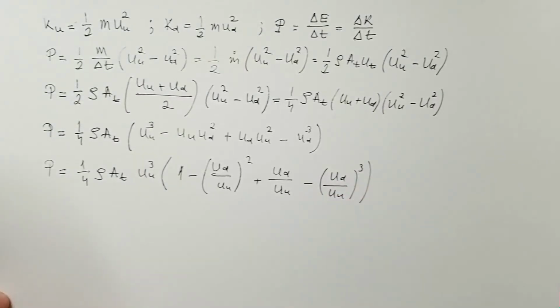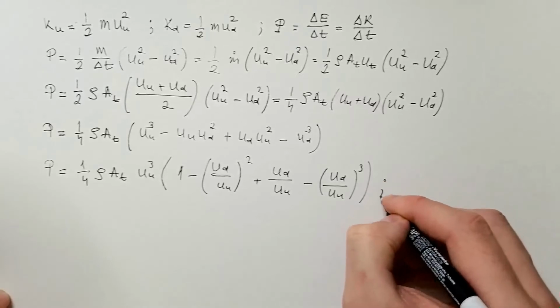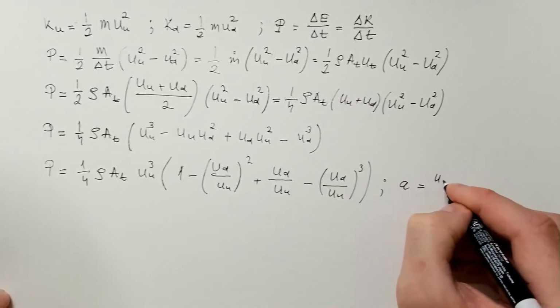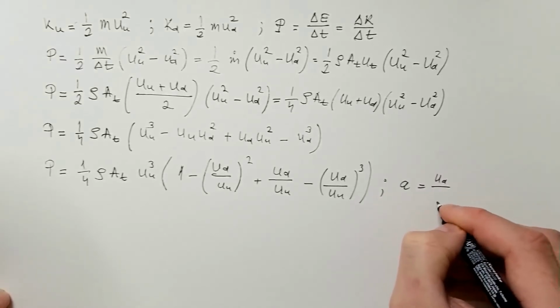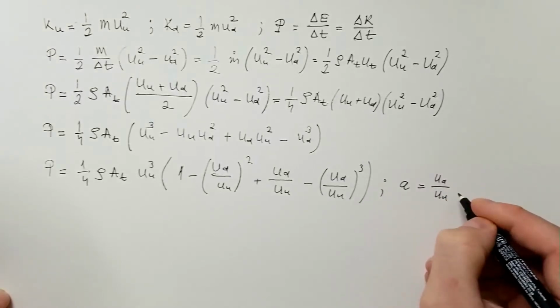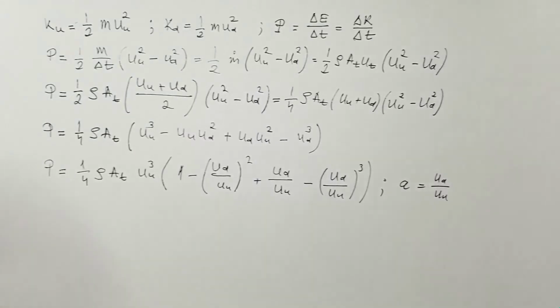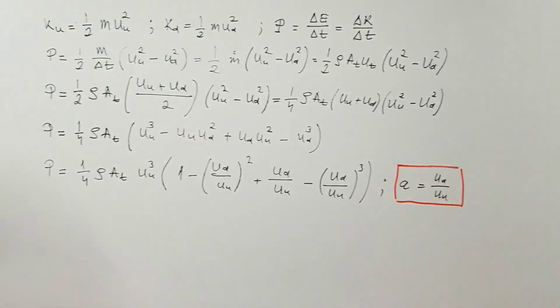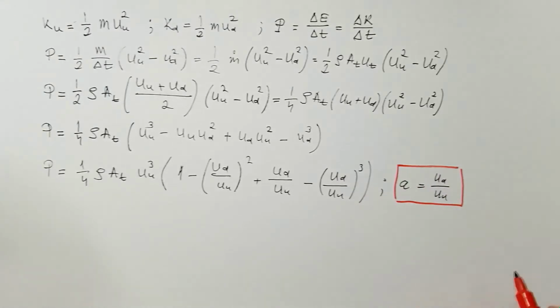And very importantly, now I introduce a substitution called a, that is U_d over U, and I will even put it in red, that I will call interference factor.